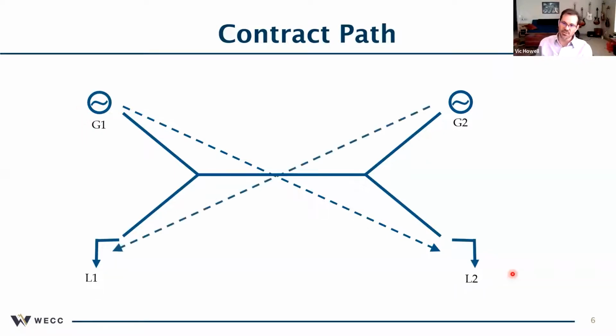And there is also a contract path going from G2 over to L1. And let's say in the example that G1 wants to move 5 megawatts over to L2 along this contract path. And G2 wants to move 4 megawatts from G2 to L1 along this contracted path. And you put that on paper and the agreements are made.